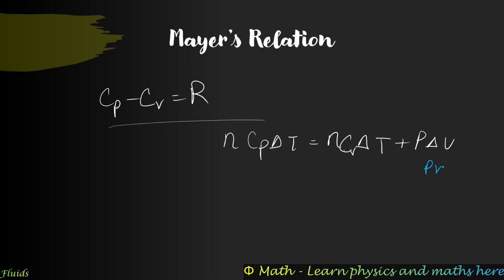From here we know that PV is equal to nRT, and deriving from this, P delta V is equal to nR delta T. You should know this: we were given PV is equal to nRT. Just differentiate it with respect to time.